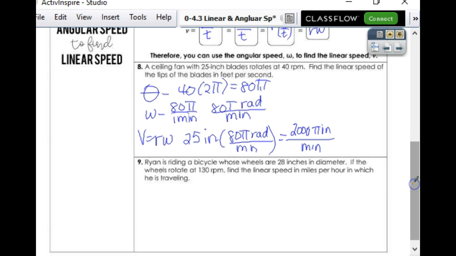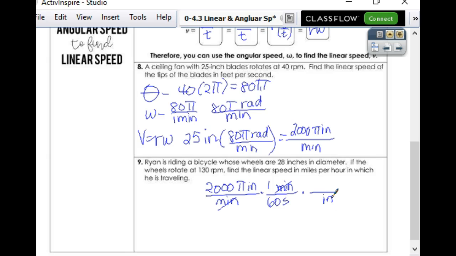I'm not going to do 9, so I'm going to write down here. So I'm going to have 2,000 pi. I'm going to convert the minutes to seconds. So the minutes are on top, so it has to go on bottom to cancel, and the 60 seconds go on bottom. The inches are on top, so they have to go on bottom to cancel.